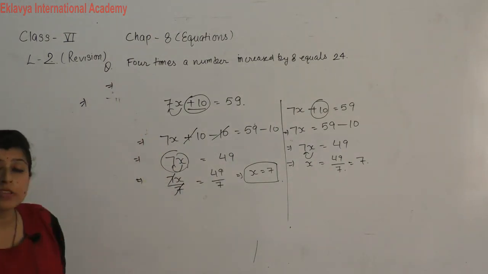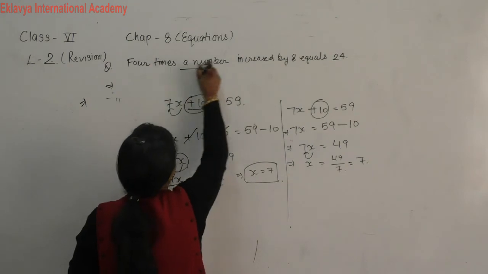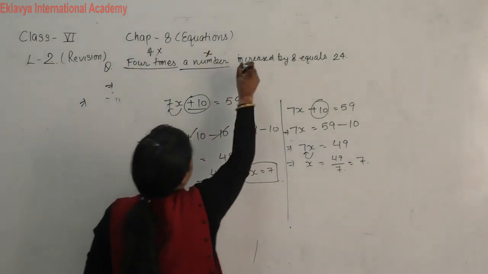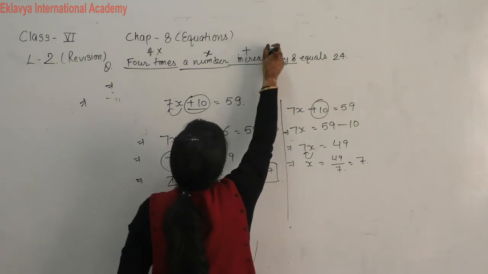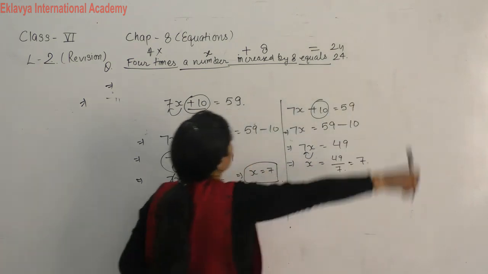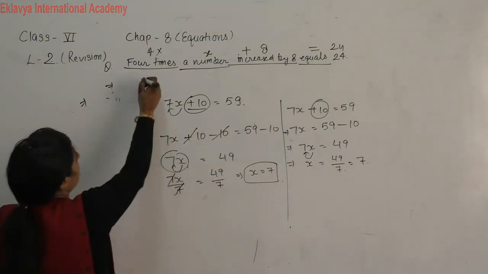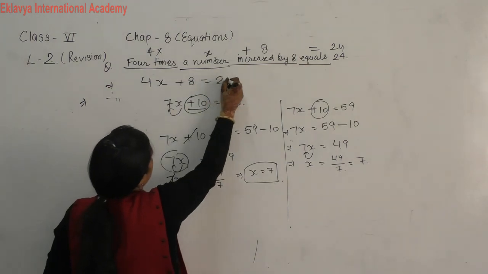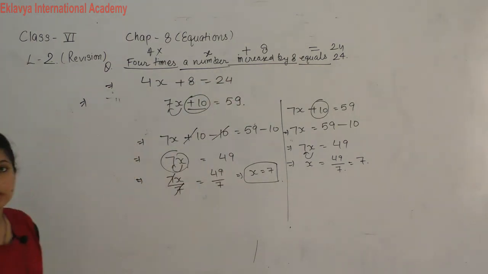We don't know the number, so let the number be x. 4 times means 4 multiplied. Increased by means plus 8. Equals means equal sign, 24. Then what will be our equation? 4x plus 8 is equal to 24.